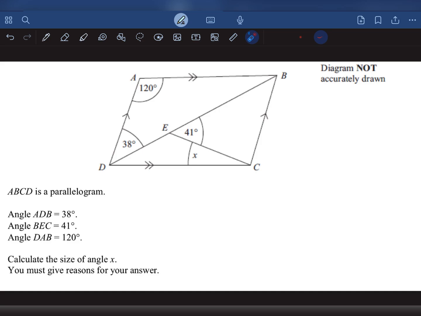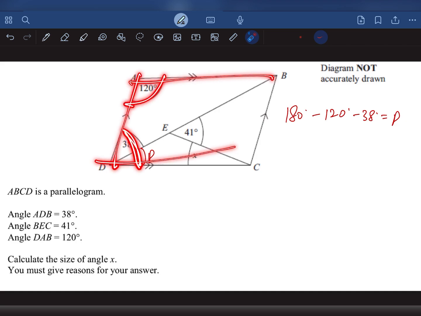Let's name it P. So 180 minus 120 minus 38 is equal to P, because the sum of these angles is 180 degrees, and this is given, so the rest we can find by this method.